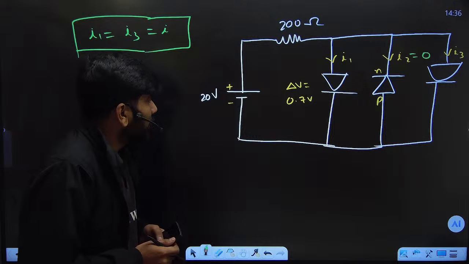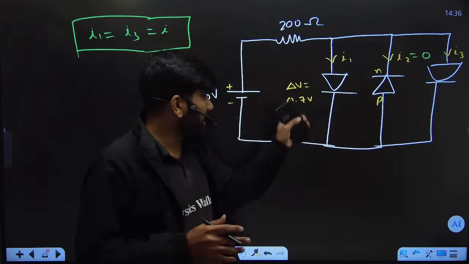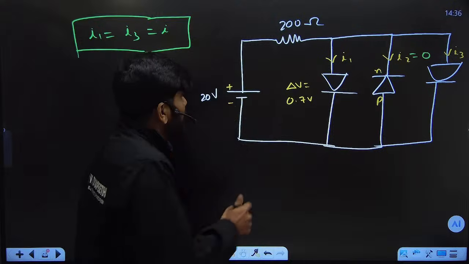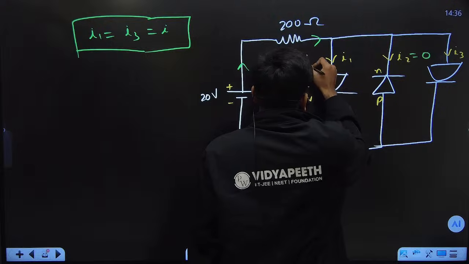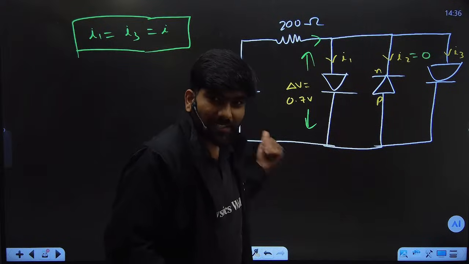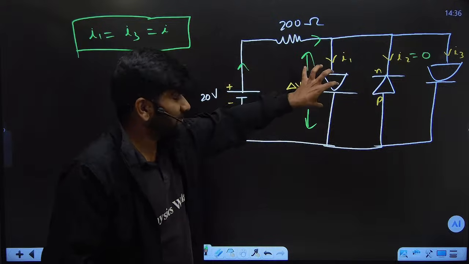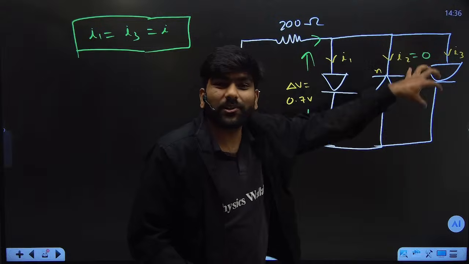Now since the voltage that is going to drop across the diode is 0.7 volt, when the current flows in both the diodes, how much voltage is going to get dropped? 0.7 volt. So out of 20 volt, 0.7 is going to drop across these diodes.